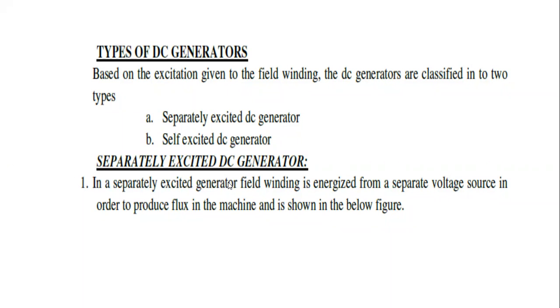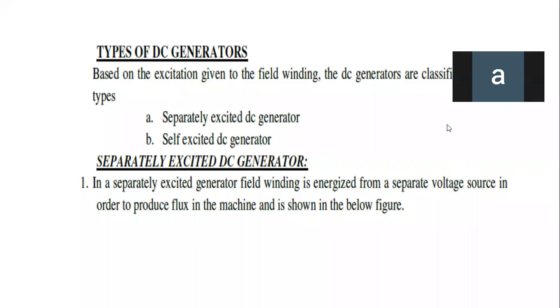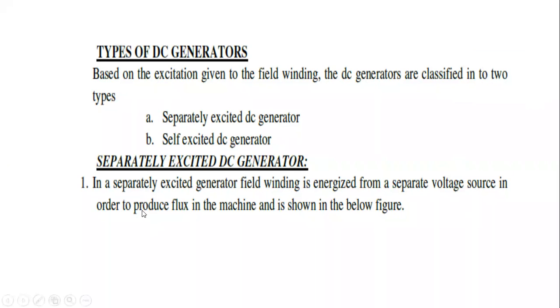In a separately excited DC generator, the field winding is energized from a separate voltage source in order to produce the flux in a machine. Therefore, separately excited DC generator means the excitation is given by a separate DC source.